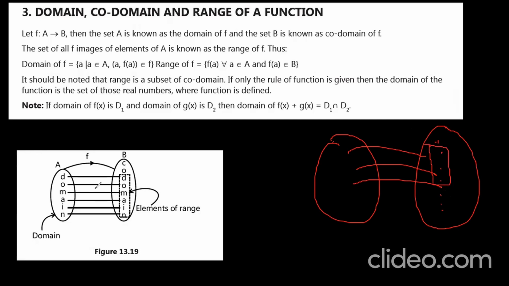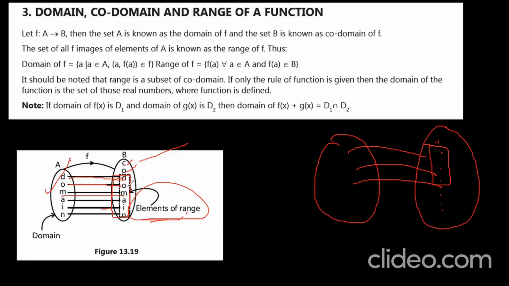You see here, this is the domain and this total thing is the codomain. Only these elements are called the range. But these are not the range, because these two are not associated with any element of A. Those are not considered as range.